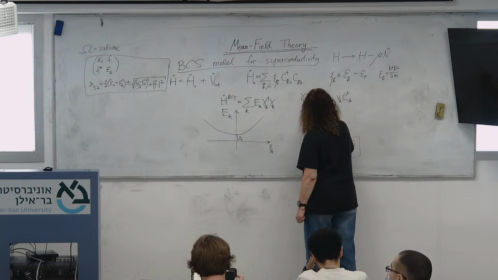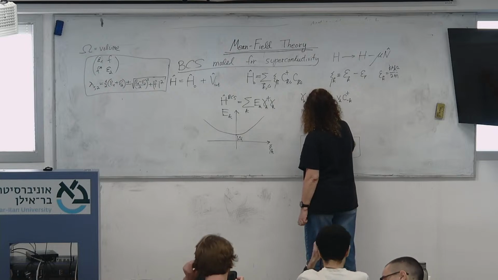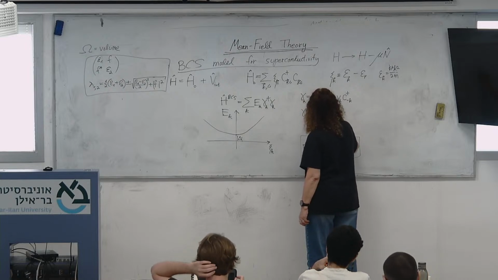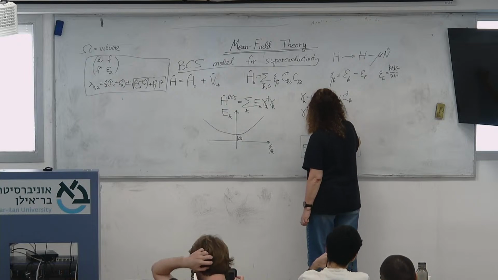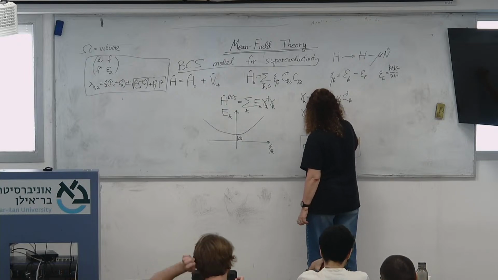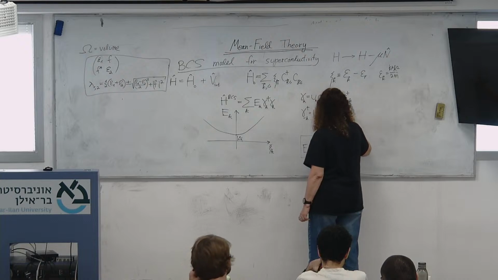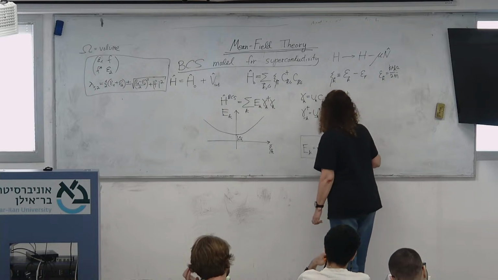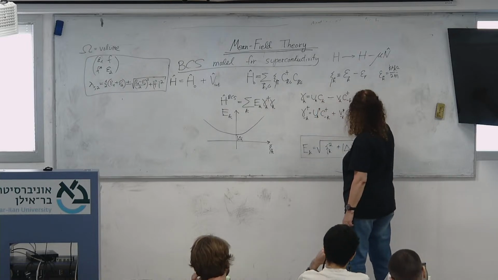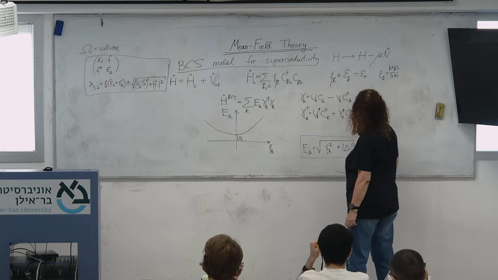So it's u minus k star c dagger minus k plus v c.